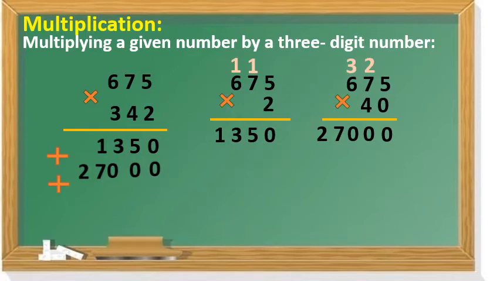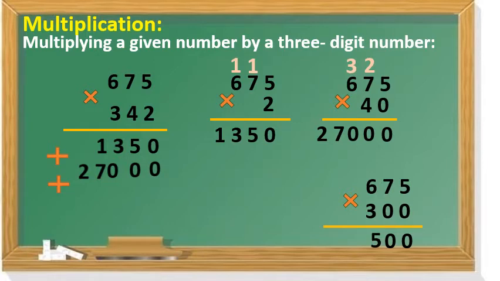Then we will move now to the hundreds place. Again I will write 675 multiplied by 300. 3 in the hundreds place means the value of 3 is 300, isn't it? So first we will put 2 zeros. Now we will start the multiplication of 675 by 3.